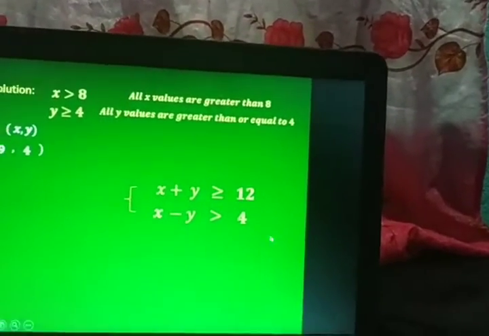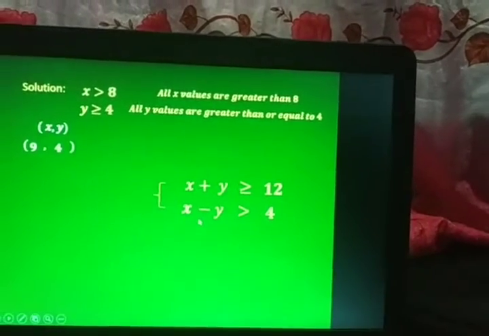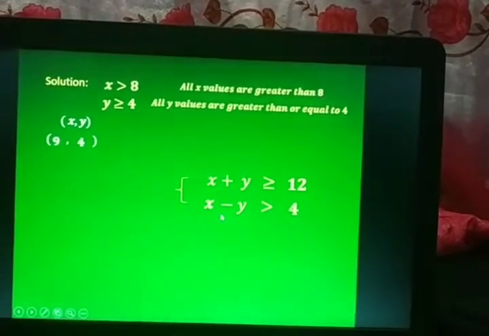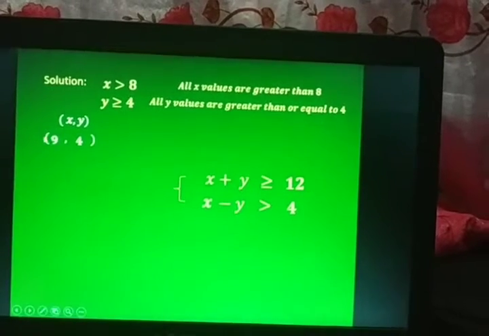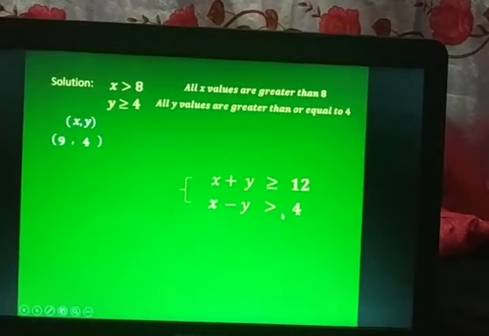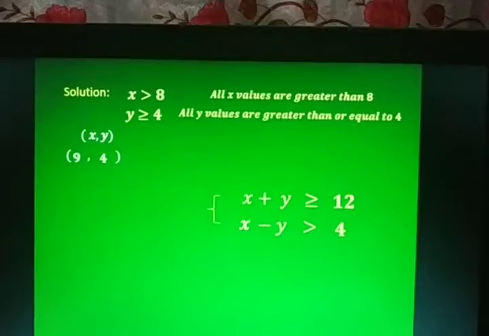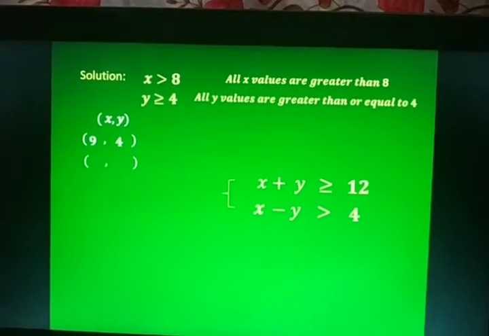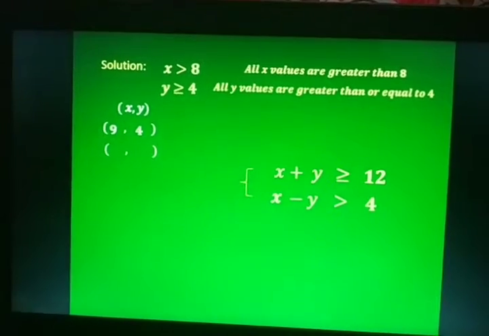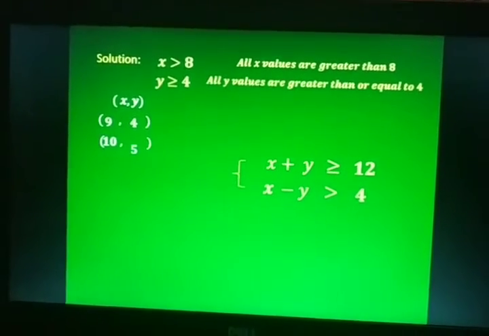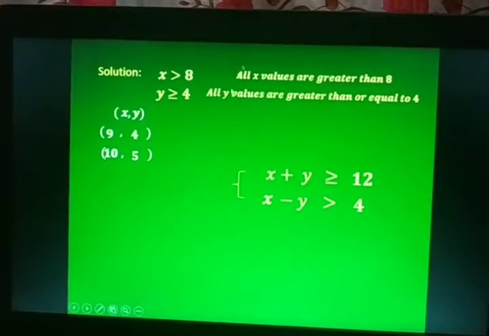Pasok. Sa ikadua, I'll have x minus y is greater than 4. Subtract mo sila. 9 minus 4, is it greater than 4? Yes, kay 5 ang answer. Also, we have 10 and 5. There.